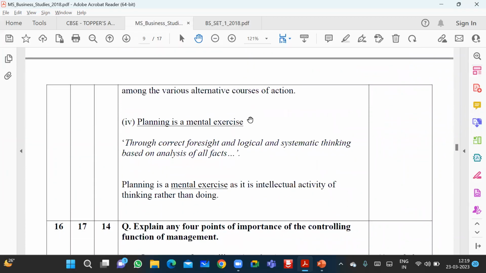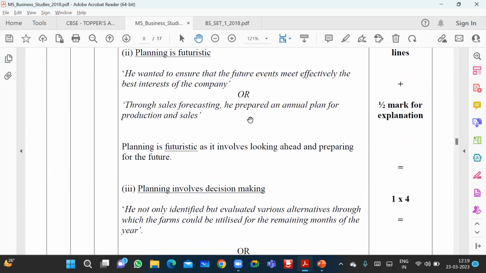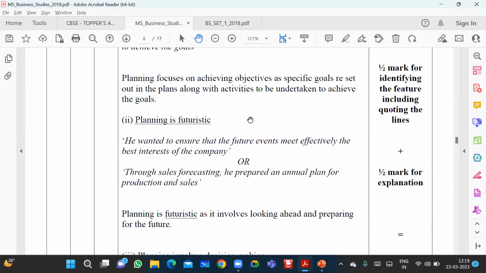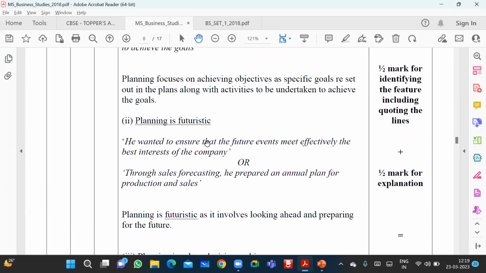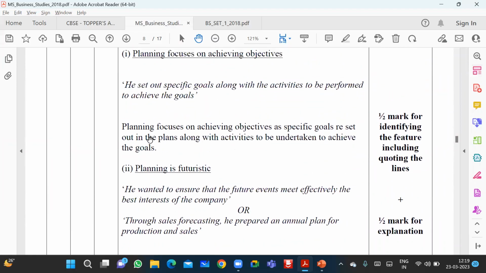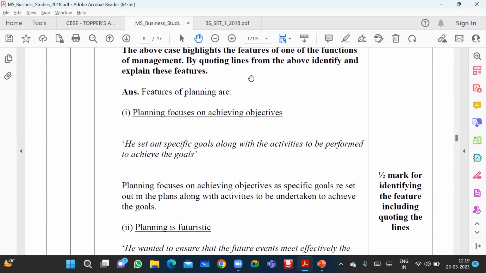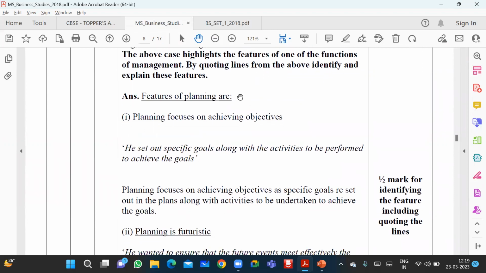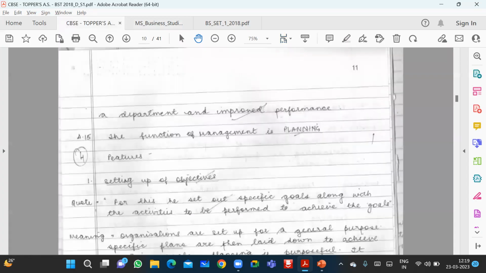And in all these 4 features, first you have to identify the feature, and you have to quote the line, and after quoting the line, then you have to explain if it is asked. So here, now let's see how the topper has given this answer.